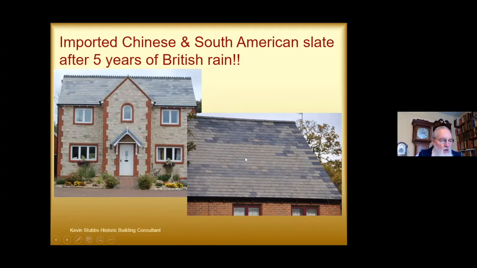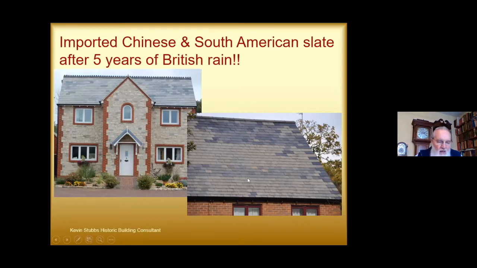This is due to basically calcites, natural carbonate minerals appearing within the material. And these leach out to the surface and give this sort of creamy white effect eventually on the slates.